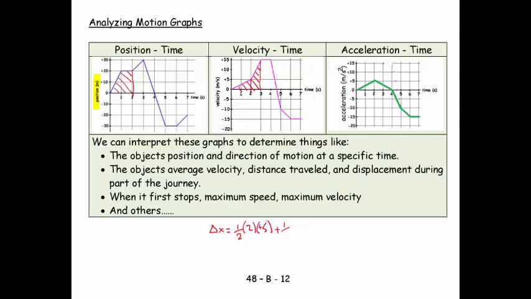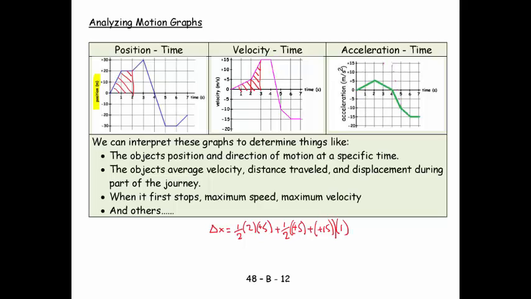So it will be a half times the left hand side, which is plus 5, added to the right hand side, which is plus 15, times the base, which is in this case 1.